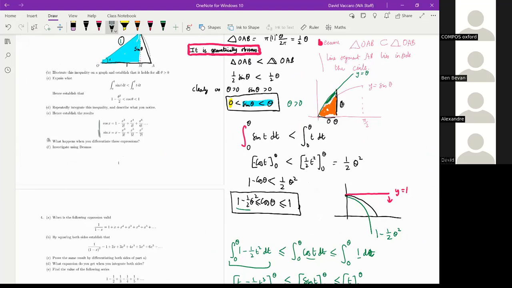Also on this question, it says, what happens when you differentiate these expressions? Well, we shouldn't be surprised in many ways. So let's see what happens when we differentiate cos x. Well, the 1 differentiates to 0.